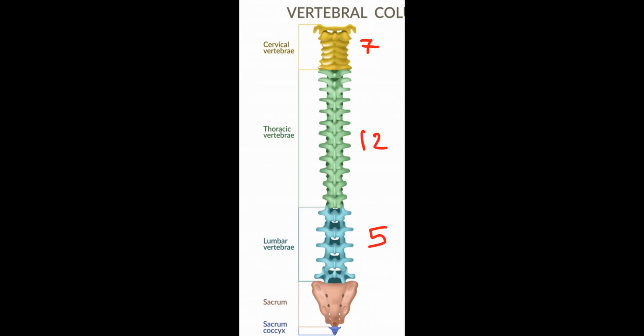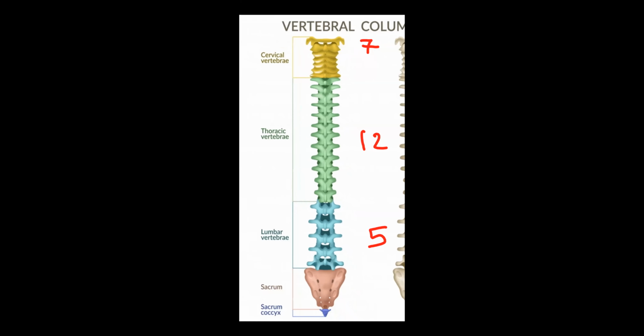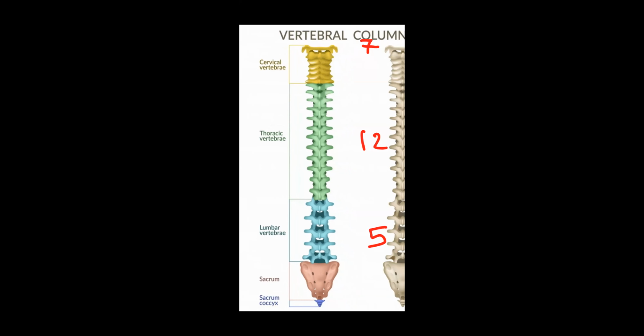Okay, then comes sacrum. There are 5 vertebrae in the sacrum, but as a structure it is just one bone. As a bone it is one.